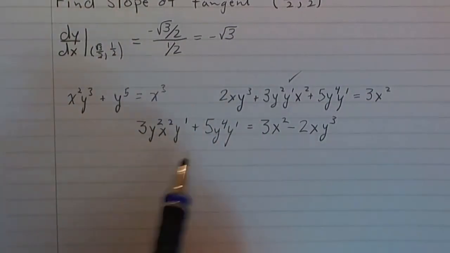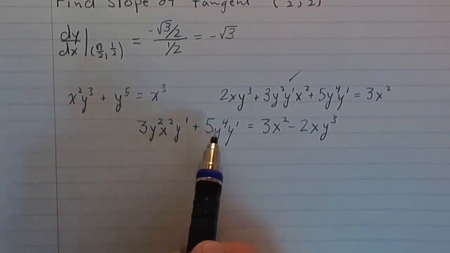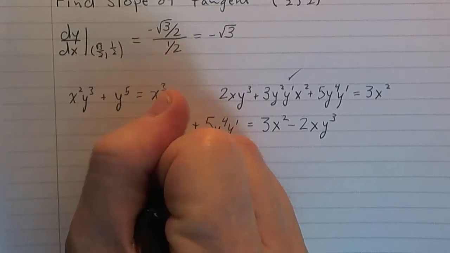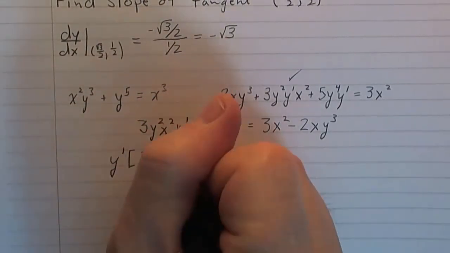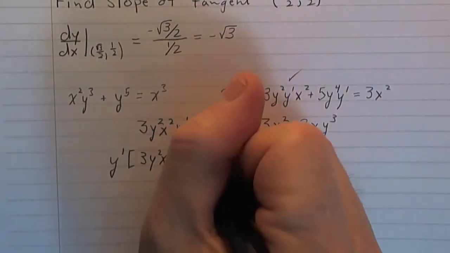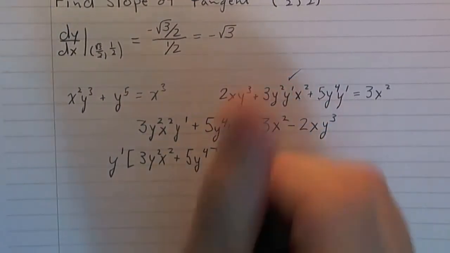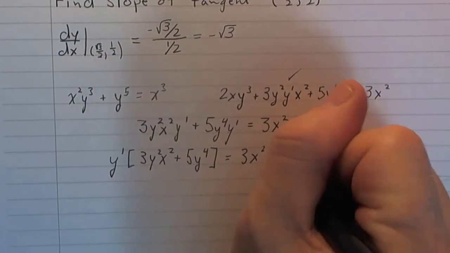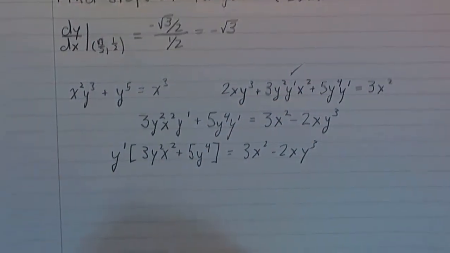Now, you might think, well, now what? Well, we can factor out a y prime from both of these. So now I have y prime times 3y squared x squared plus 5y to the fourth, equals 3x squared minus 2xy cubed. That's it. Now, we're almost done.